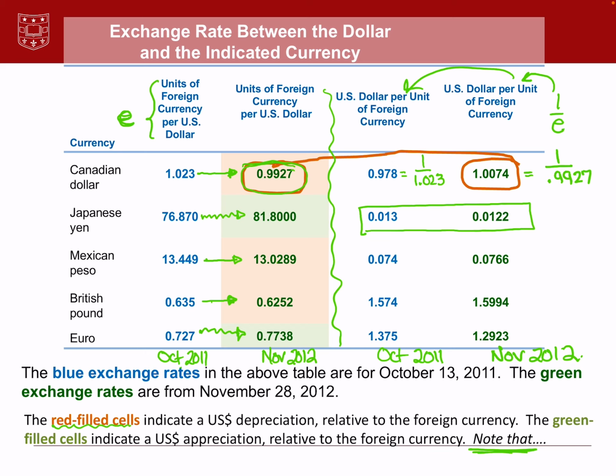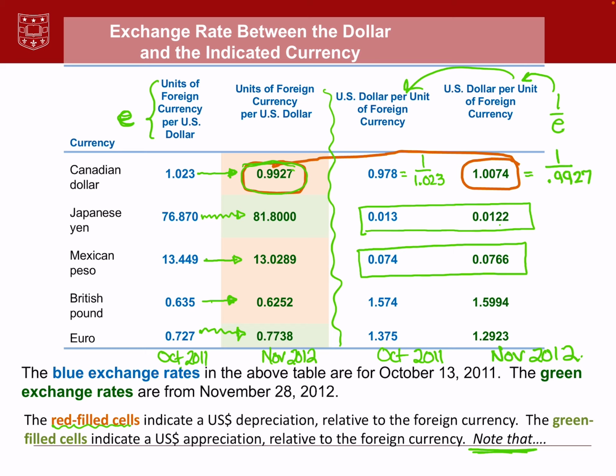So we go from 0.013 dollars per yen to 0.0122 dollars per yen. And similarly for the euro.